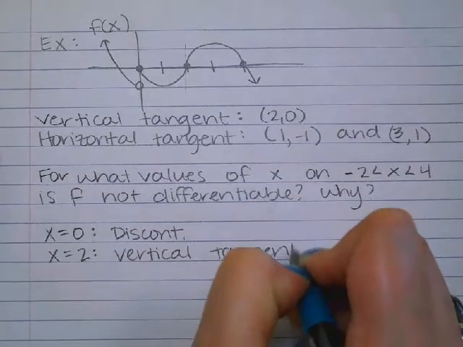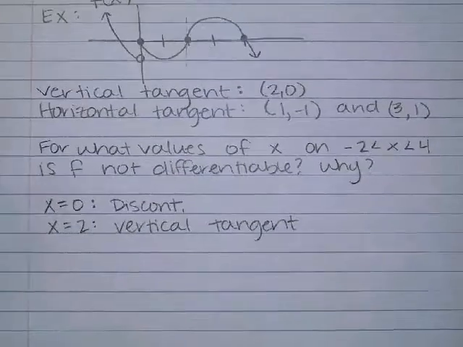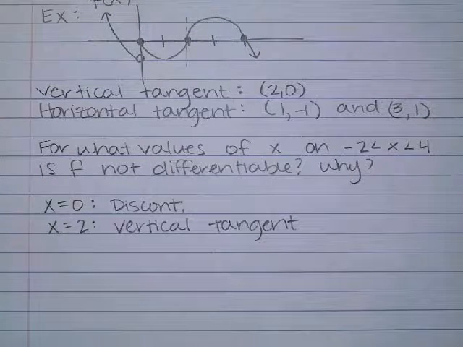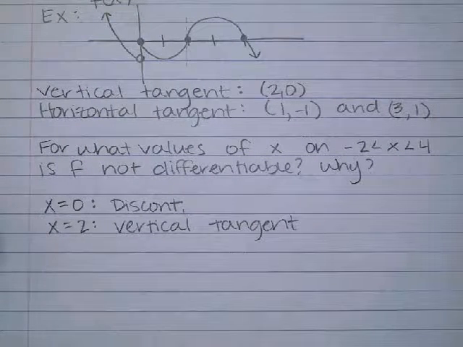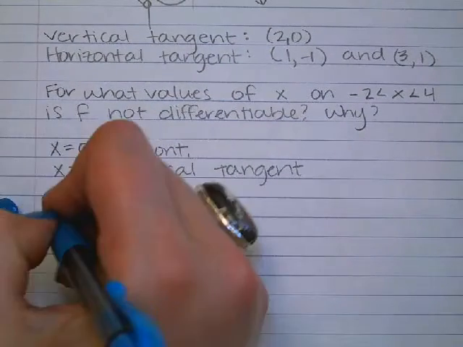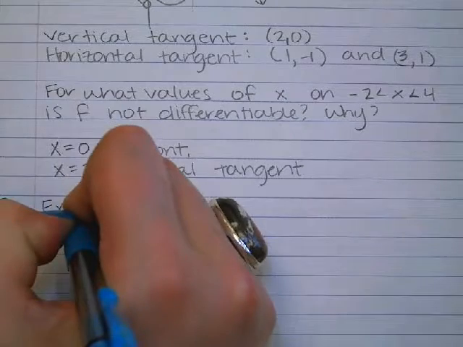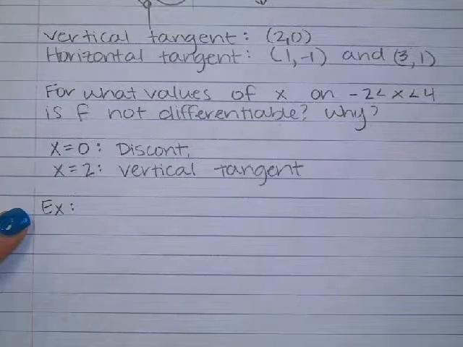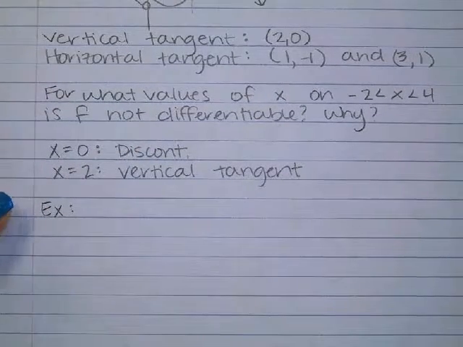And we know that that's a perfectly vertical line, which means the slope is undefined anyway. You're going to see in the next example.